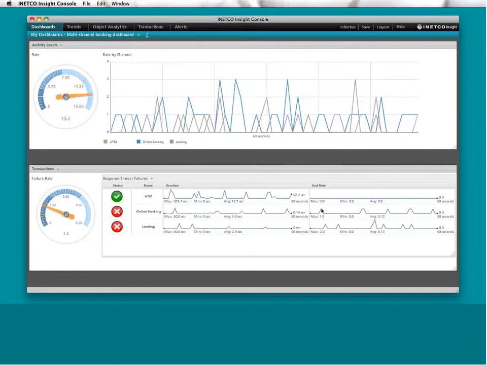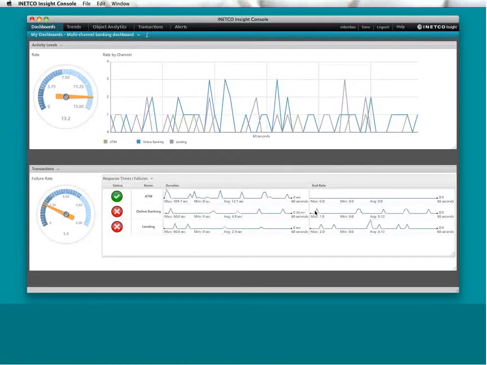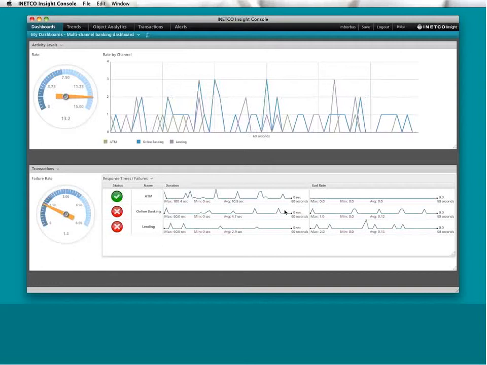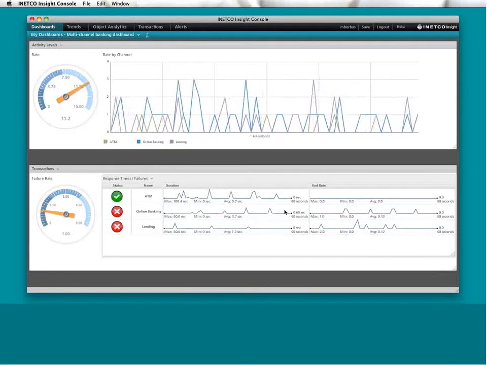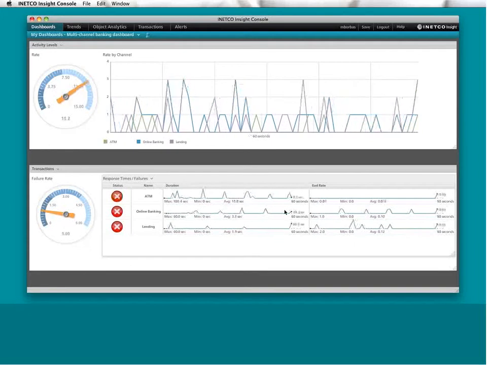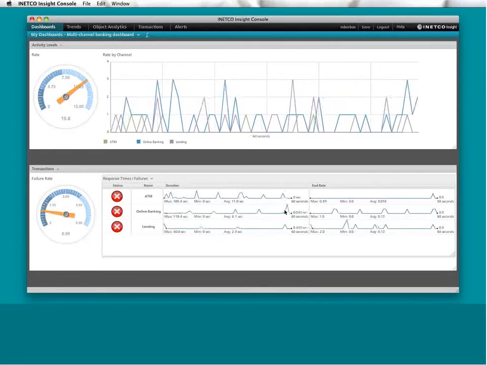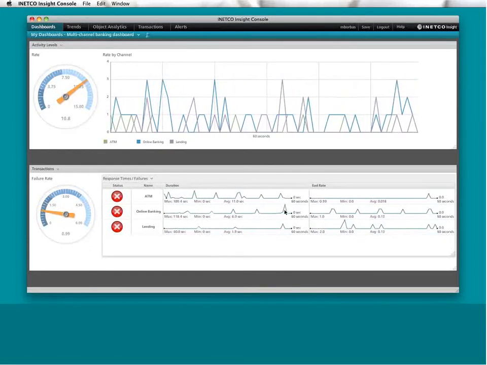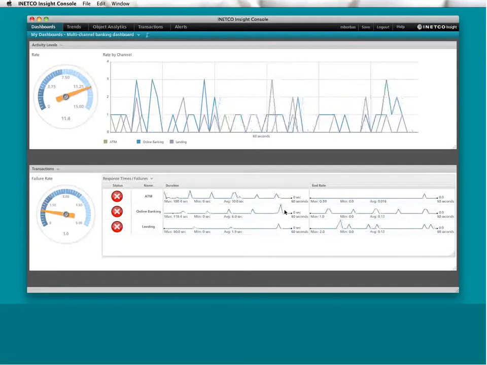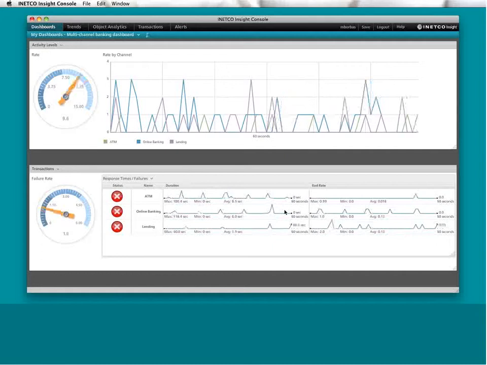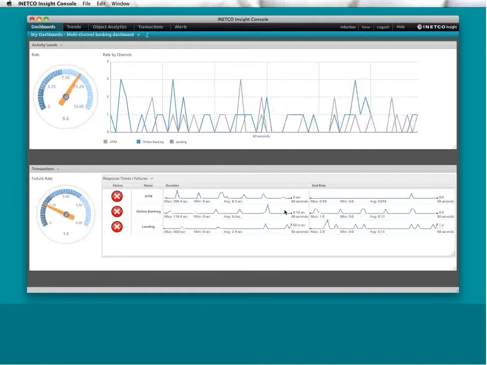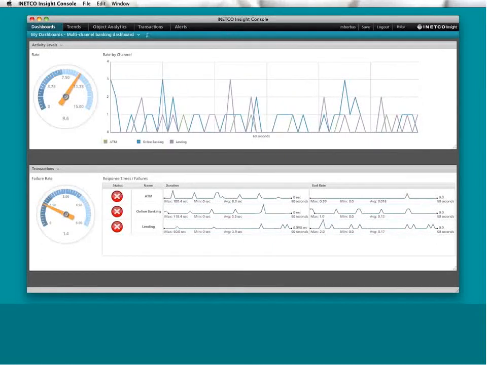And you can see the orange dots are also indicating where you've got unusually high peaks in that data value. So what we're able to look at here in a single dashboard is, again, across channels, a few key metrics. We're looking at response times, we're looking at failure rates, and we're understanding the performance from the viewpoint of that end user or that consumer.